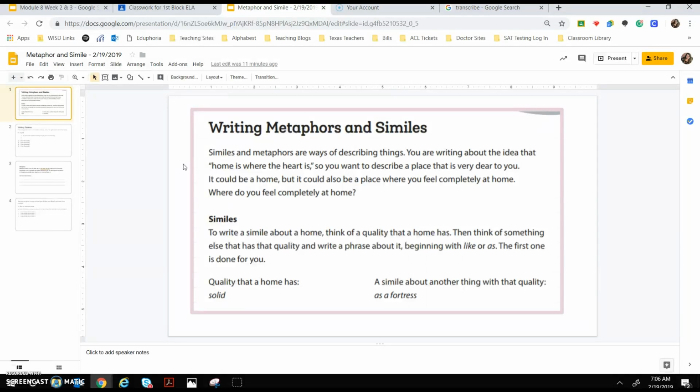So similes, you're going to write a simile about a home and think of a quality that a home has. Then think of something else that has that quality and write a phrase about it, beginning with like or as. So the first one is done for you. I'm not going to tell you that you have to write about a different place. I want you to use your simile to describe your home, okay?